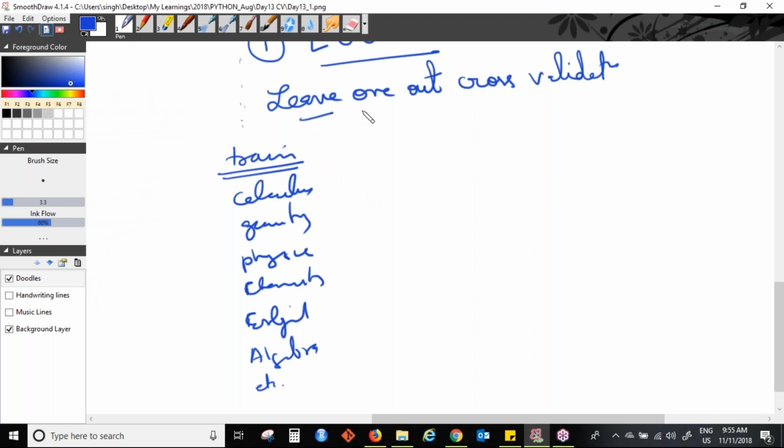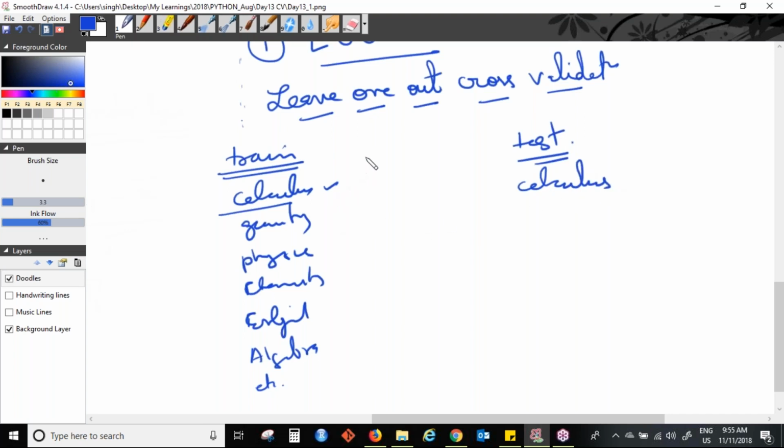So in leave one out cross validation, what I will do is I will take one data point out as my test data. Let's say I will take calculus out.